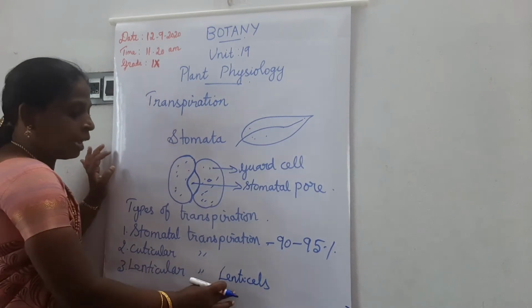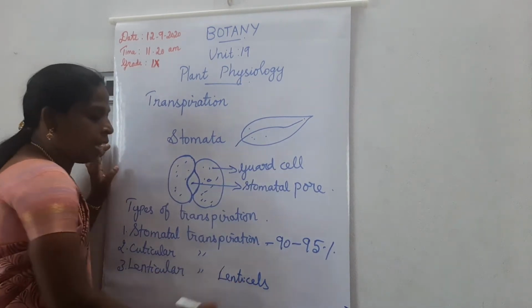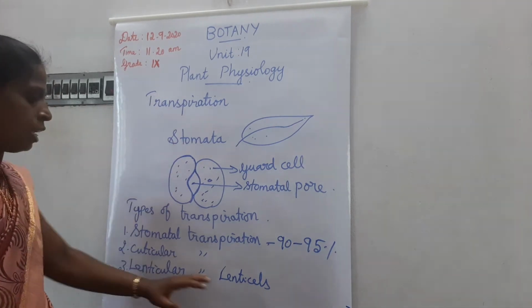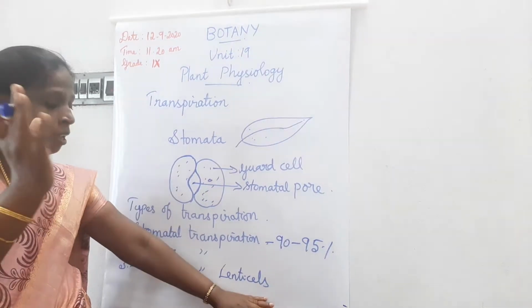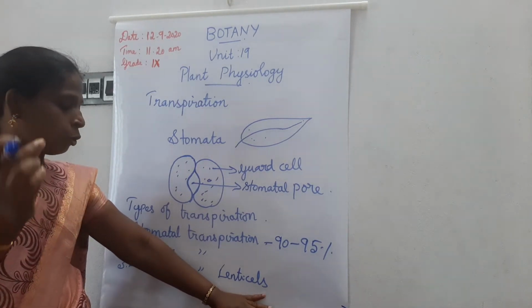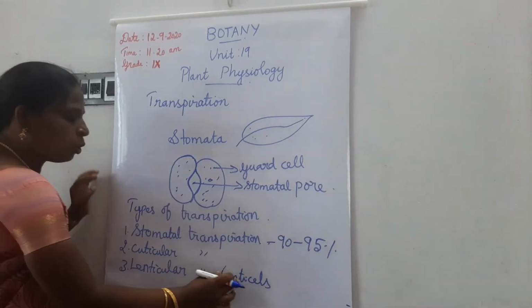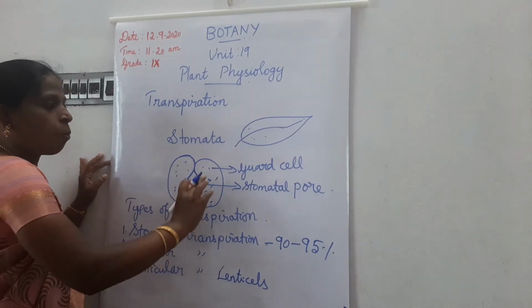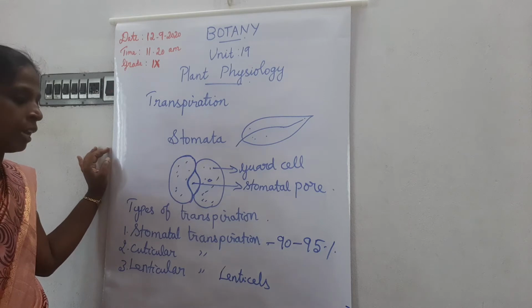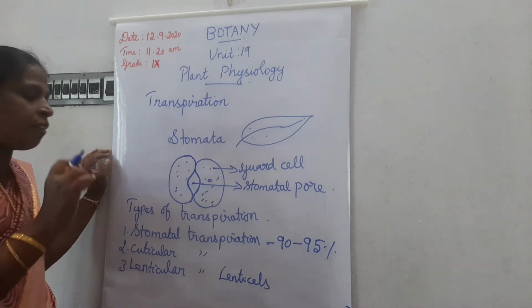The water that evaporates through the lenticels is called lenticular transpiration. Lenticels are present on the bark of the plant or twig of the plant. Through these lenticels also the water may evaporate, but the rate of evaporation is very less.